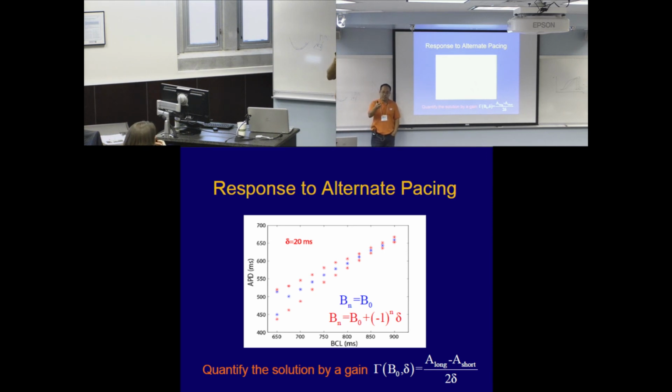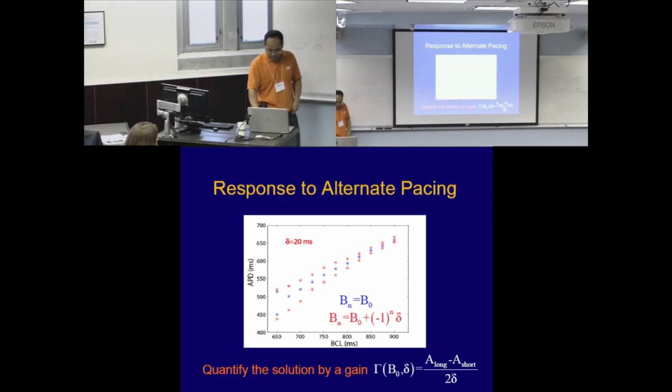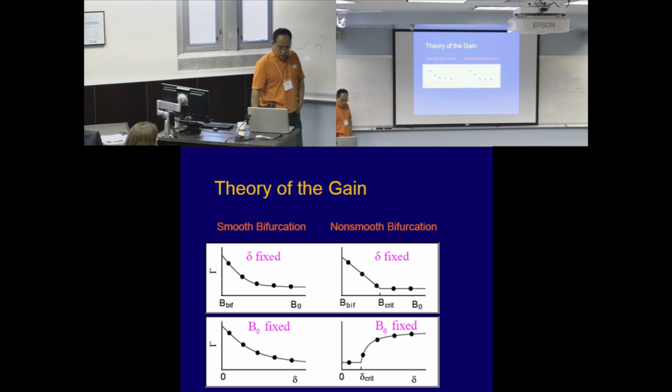Near bifurcation, the system is very sensitive, so certain perturbations will be amplified. And then according to the response, we can tell what type of bifurcation it is. That is the idea.